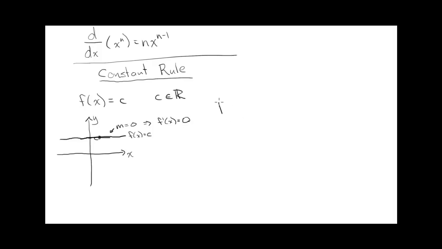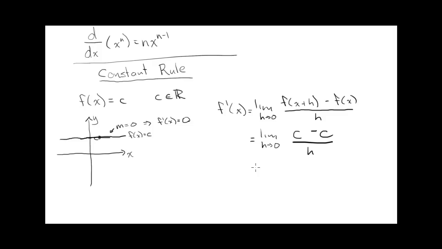So it looks like if f at x is a constant, then f prime at x is 0. Another way to see that is to use your limit definition, which is always a good way to come up with a rule or verify a derivative. So the limit as h goes to 0 of f at x plus h, well, f at anything is c, so that would be c minus f at x, which is again c, all over h. So that's just the limit as h goes to 0 of 0 over h.